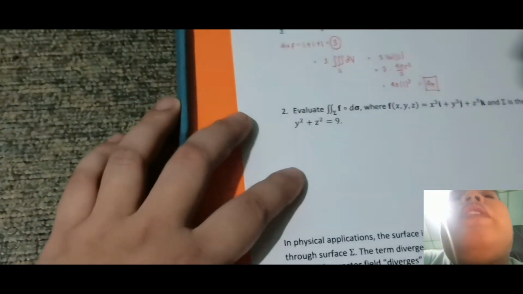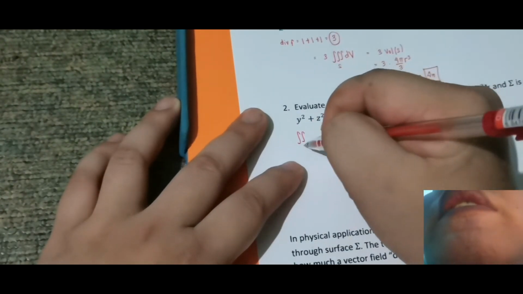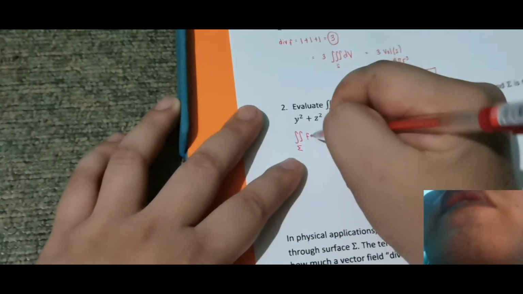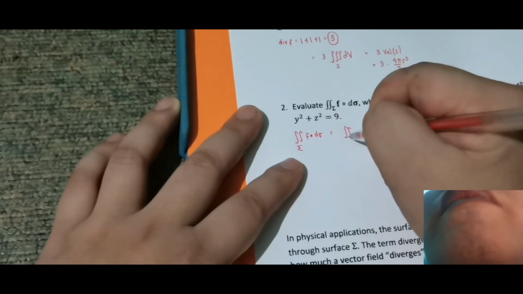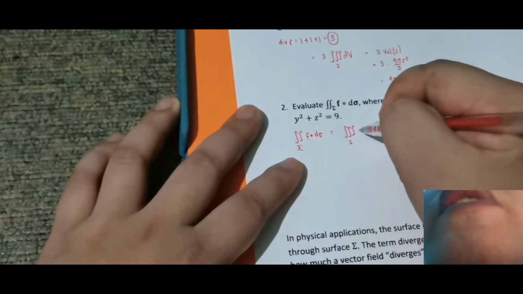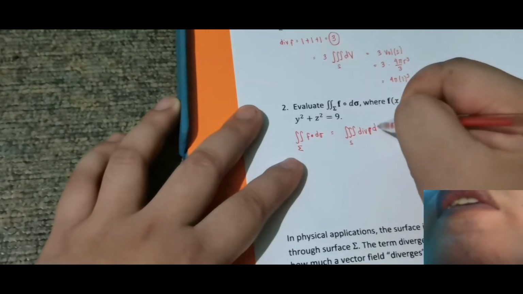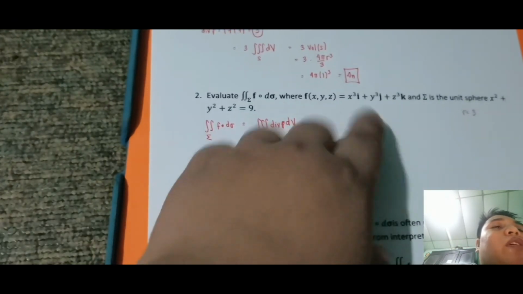So now, let's proceed again. For the solution, this is the double integral along sigma of f dot d sigma, which is equal to the triple integral along S of the divergence of f dB. Note that you need the divergence of f. So what is our divergence of f?